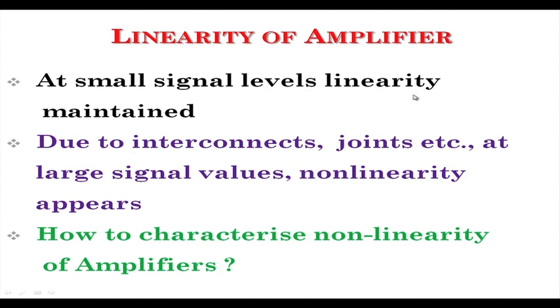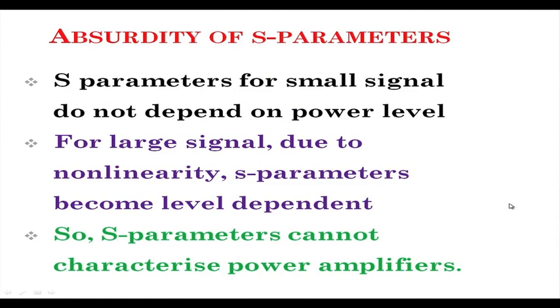At small signal levels we maintain linearity, but due to interconnects, joints, etc., at large signal values nonlinearity appears. How to characterize the nonlinearity of any amplifier? Now, you see that S parameter characterization for large signal is an absurdity. Why?